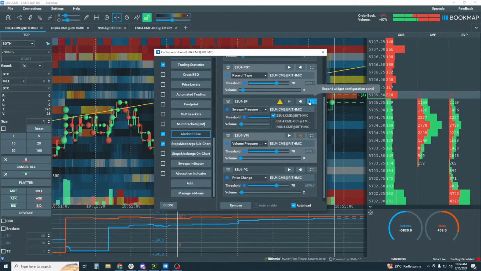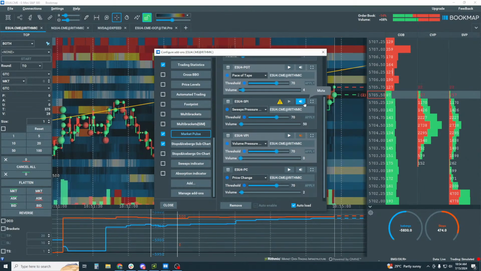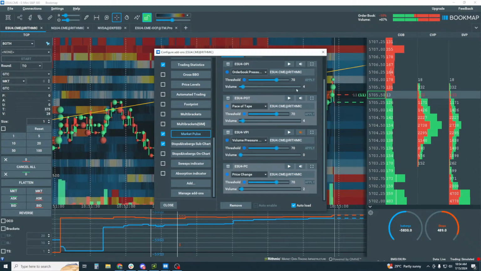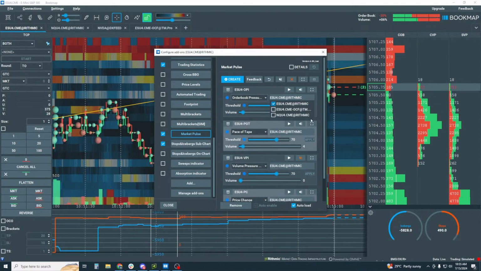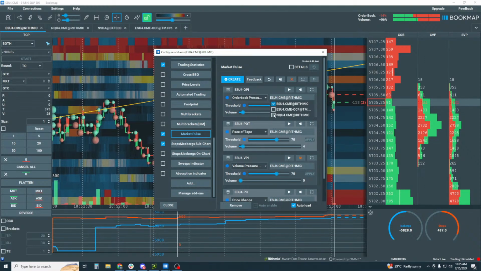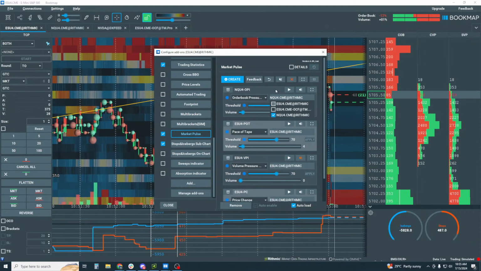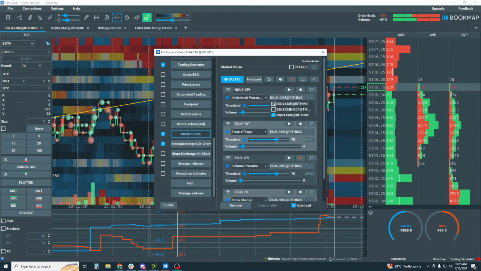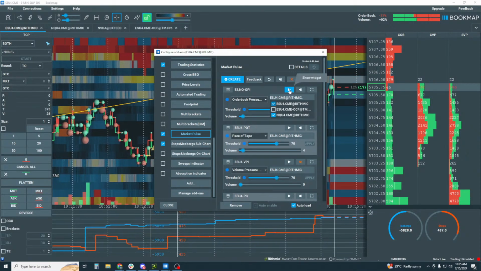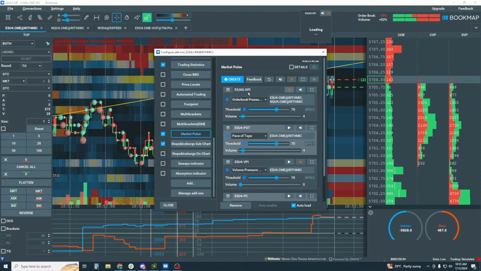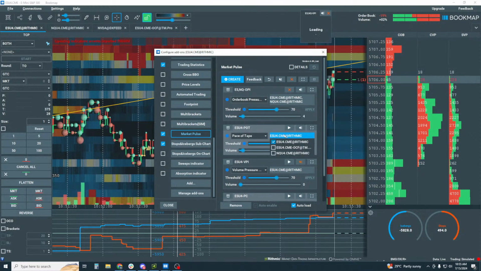Sweeps in here. I still have sweeps for some reason. I'm going to get rid of this one. All right, so I'm going to change it here to the NQ. I can also add it for the ES. I can add them both in here together. And let's do that actually. So there's the order book pressure for both books.